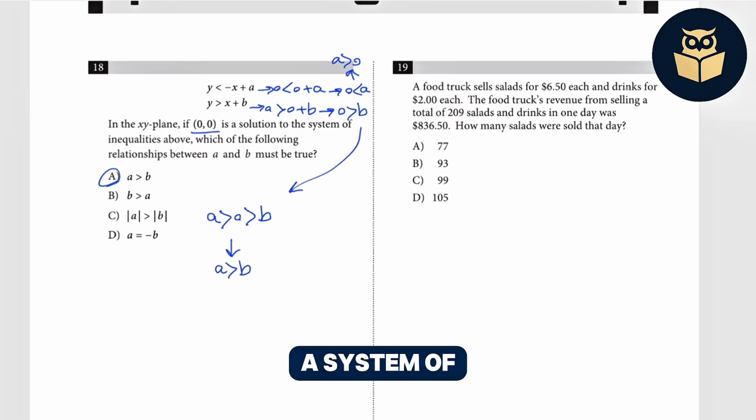Question 19 is a system of equations word problem. Salads cost $6.50, drinks cost $2, 209 total items were sold, and total revenue was $836.50.